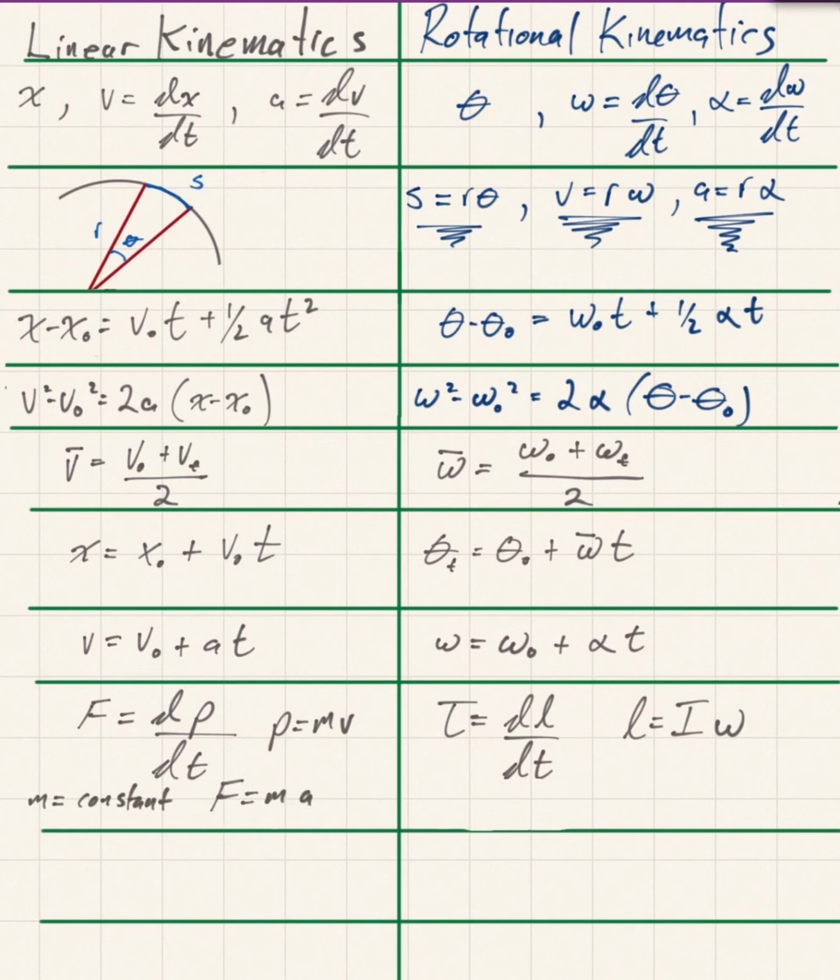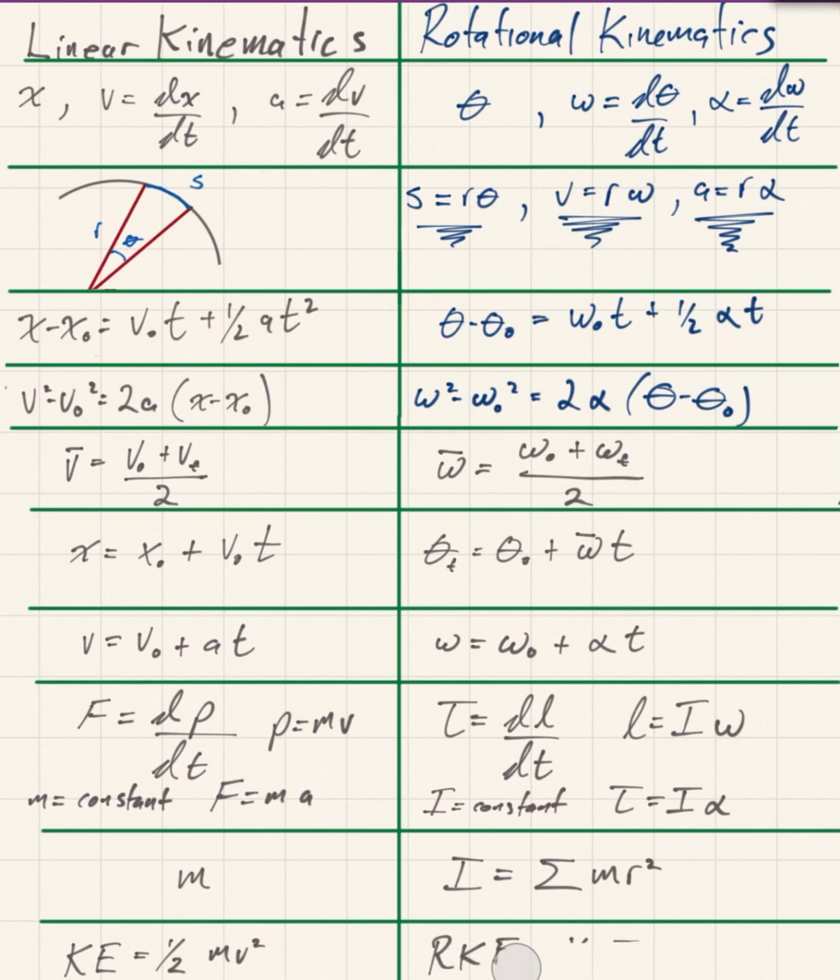Now, you know that when m is constant, the formula d/dt of momentum simplifies to ma, because the mass doesn't vary with time, so it can be taken out of the derivative operator. Similarly, we're going to have that torque is equal to I alpha when I is constant. I is the moment of inertia, and it is defined as mr squared. We are going to show that.